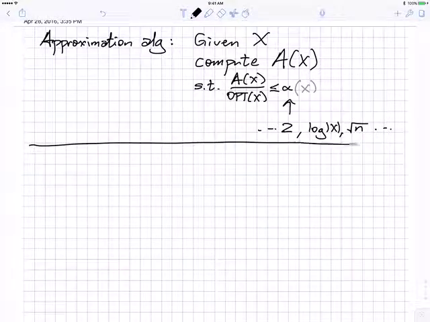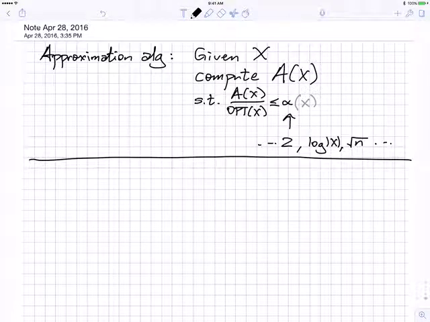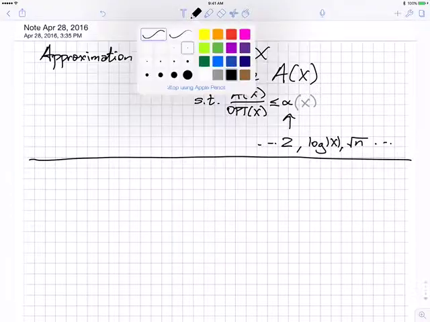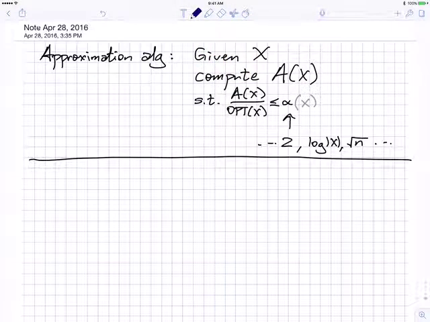So, one tool that actually proves to be incredibly useful in practice, not only for designing approximation algorithms, but for designing exact algorithms that are fast in practice, although we aren't necessarily going to be able to prove that using the tools we've seen in this class, is what's called integer linear programming.